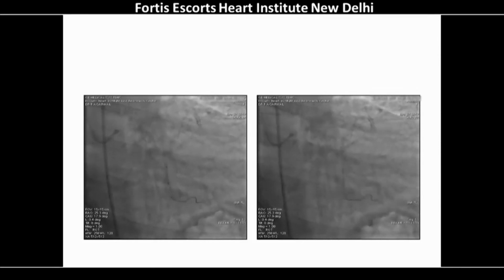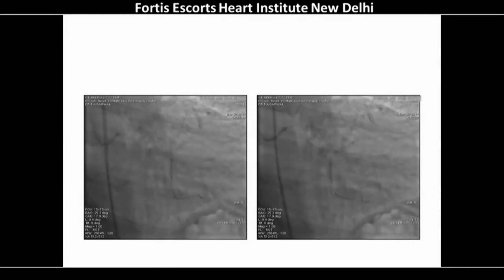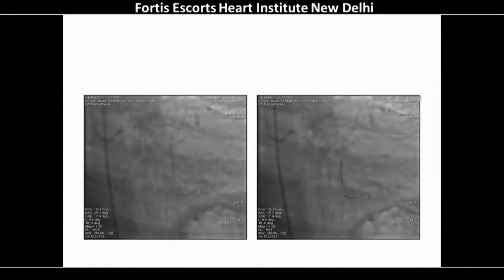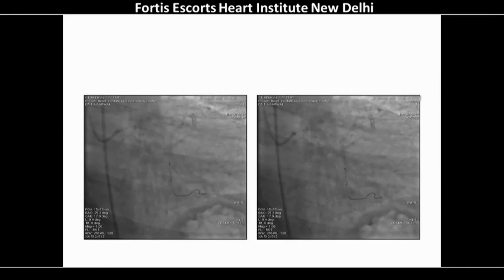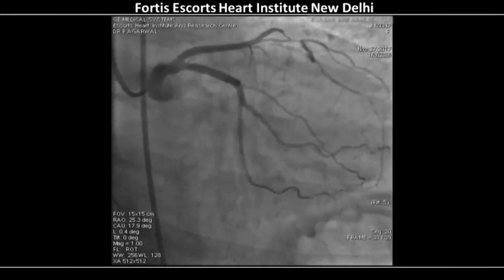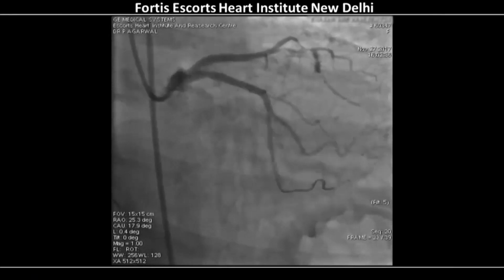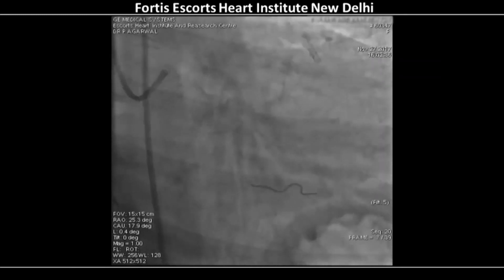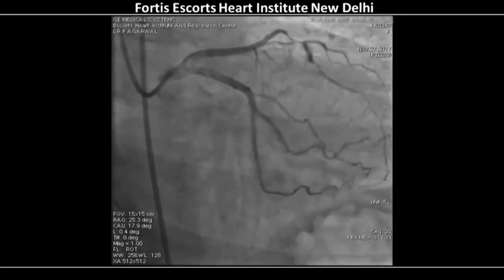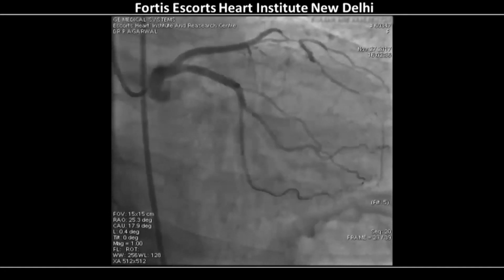It was difficult dilating even with a high pressure balloon. After a good struggle of about 10 minutes, we could achieve a good result with the balloon. Then ultimately we decided to put in a stent because it was high pressure dilatation in all the areas.